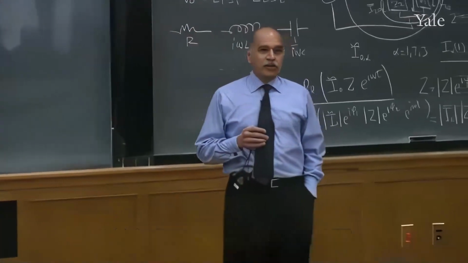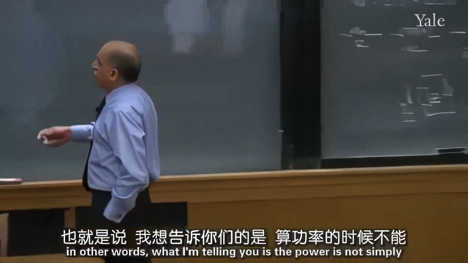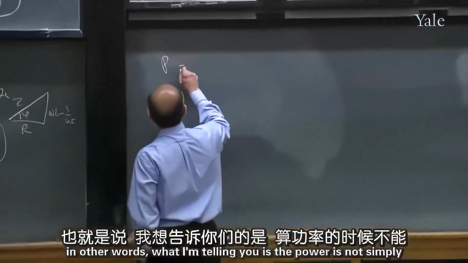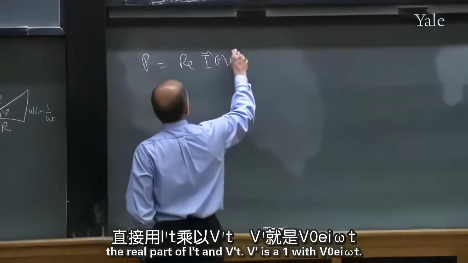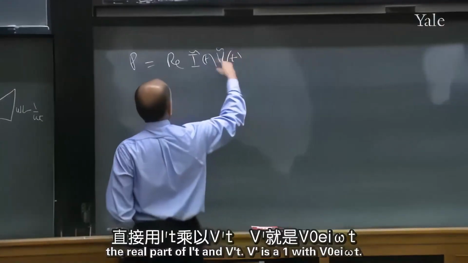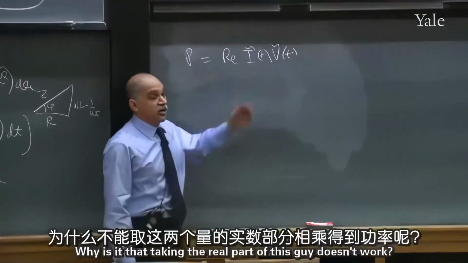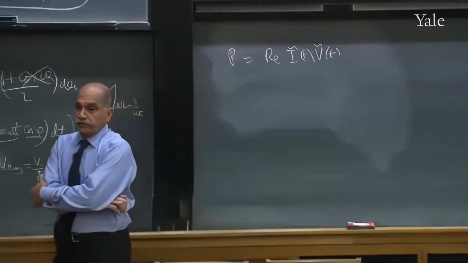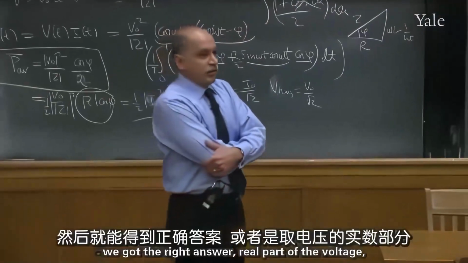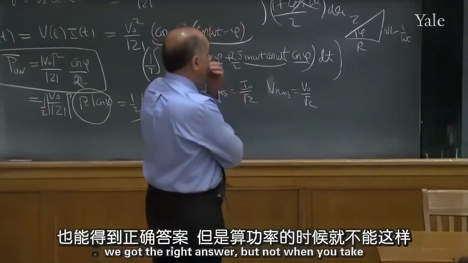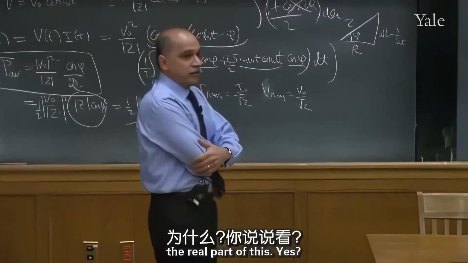Why is it that when we come to the power, it is not simply the real part of I twiddle times the real part of V twiddle, where V twiddle is the one with V naught e to the i omega t? Why is it that taking the real part of this doesn't work? Everywhere else, we took the real part of the current, we got the right answer. Real part of the voltage, we got the right answer. But not when you take the real part of this.